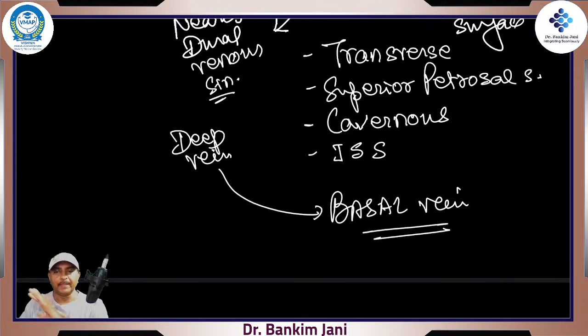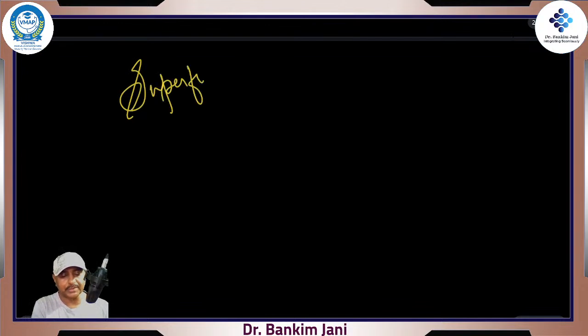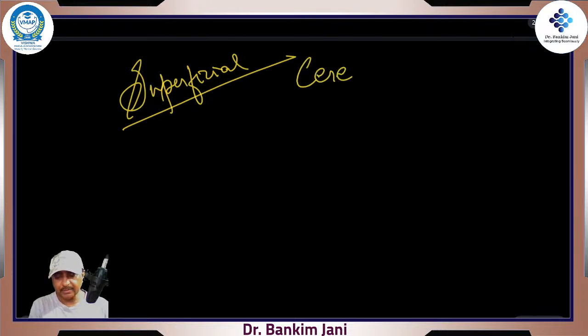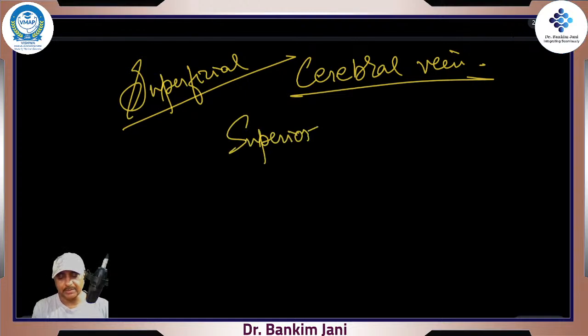So this is how everything is spread across, right? When we talk about cerebral veins, we have got the superior cerebral veins, the superficial middle cerebral vein, which is called sylvius, and the inferior cerebral veins. So we summarize it like that. These superficial cerebral veins were like superior cerebral, multiple veins.